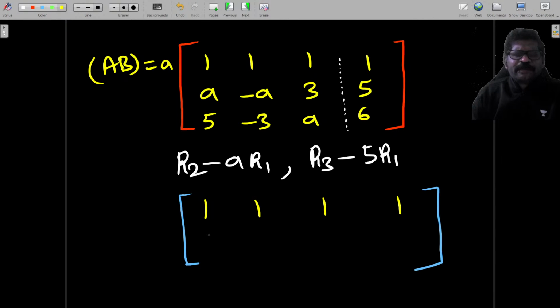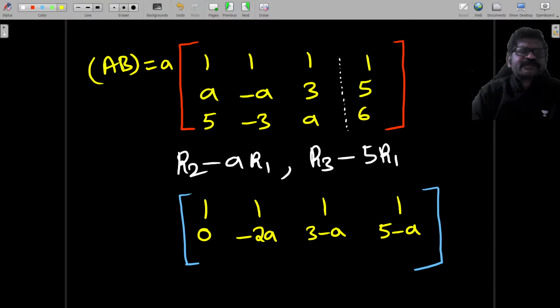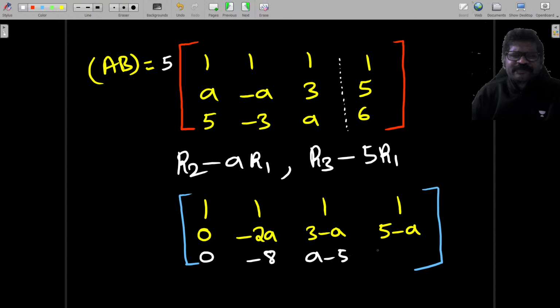For the first, we get a R1, a minus a, 0, minus a minus a, minus 2a, 3 minus a, 5 minus a. Next, R3 minus 5R1: 5 minus 5, 0, minus 3 minus 5, minus 8, a minus 5, 6 minus 5, 1.